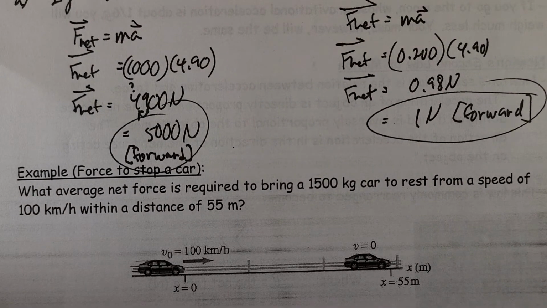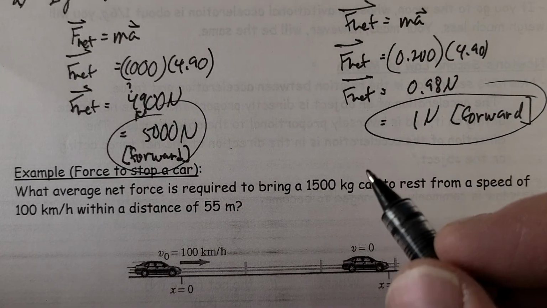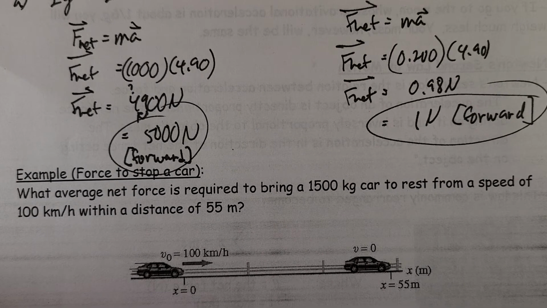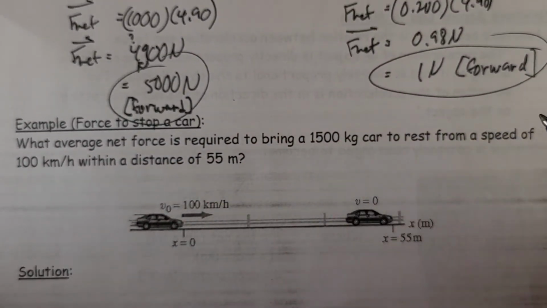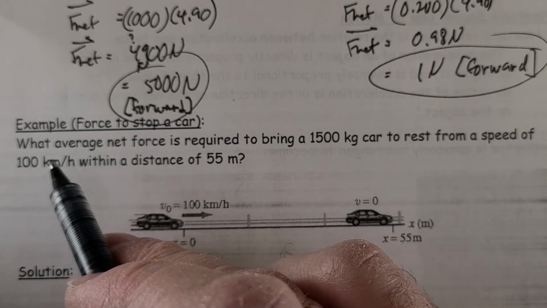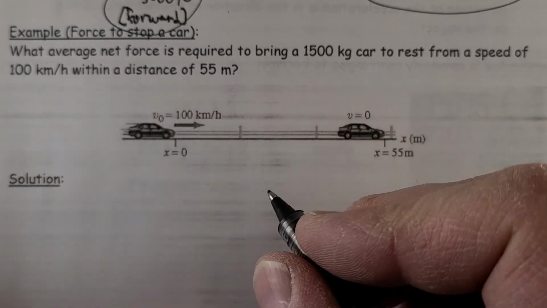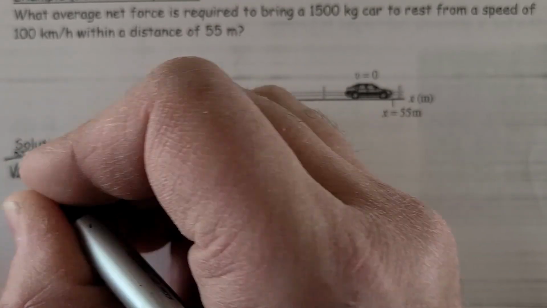All right, let's look at another example. What average net force is required to bring a 1,500 kilogram car from a speed of 100 kilometers per hour to rest within a distance of 55 meters? Okay, so in this question we know quite a few things here. Our final velocity is going to be 0 because we're bringing it to rest.